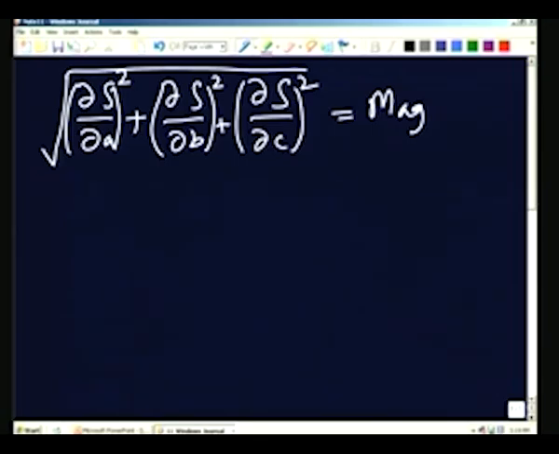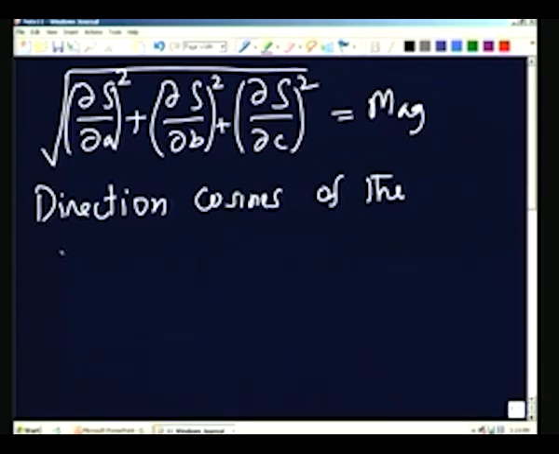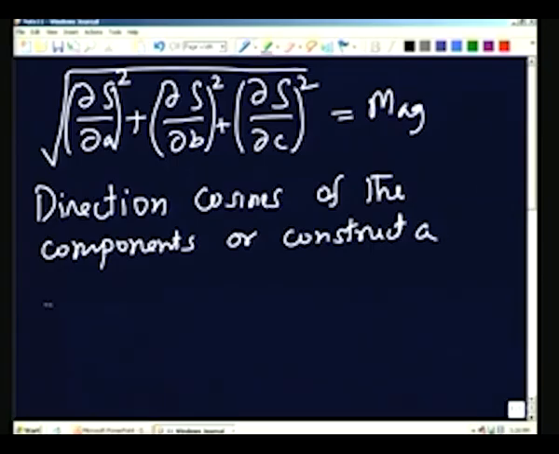From this magnitude, I can also obtain the direction cosines of the components, or we can construct unit vectors, a unit vector given by the following.